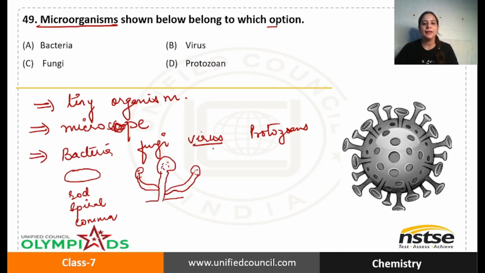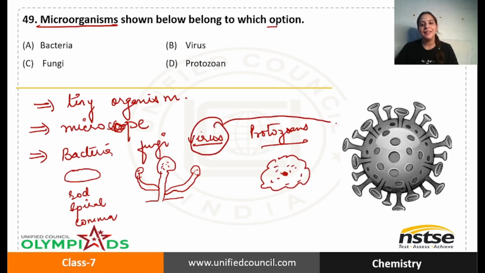And virus, I'll tell you later. Protozoan, amoeba falls in this category. Let's take amoeba as an example for protozoans. Virus is basically shown like this. One thing is very important to know about virus: viruses are non-living because they don't have their own machinery, they don't have their own nucleus, but they become living when they enter any host cell.